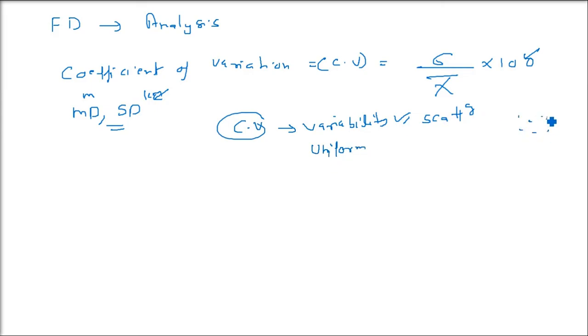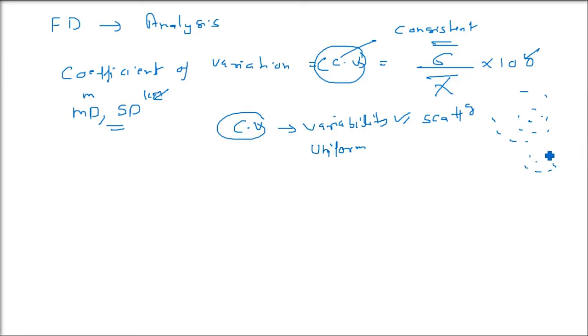See, CV more, coefficient of variation more, means more variability, less uniform. But the series which has the lesser coefficient of variation is more consistent and more homogeneous than the other. Okay, all are near the mean.